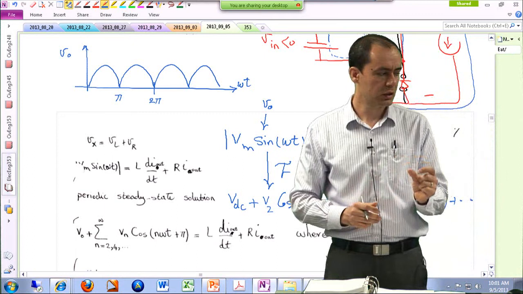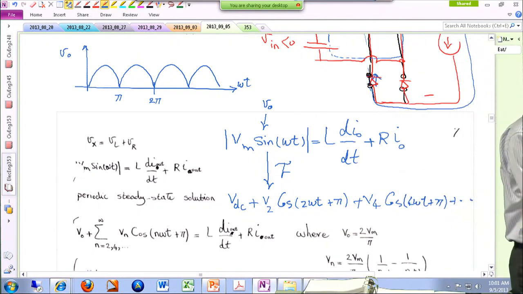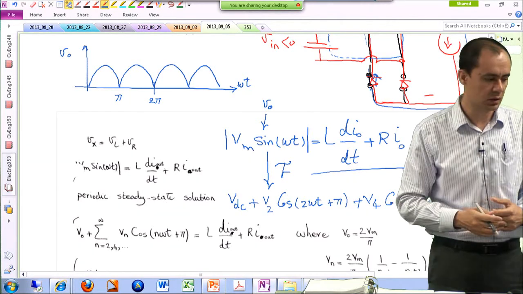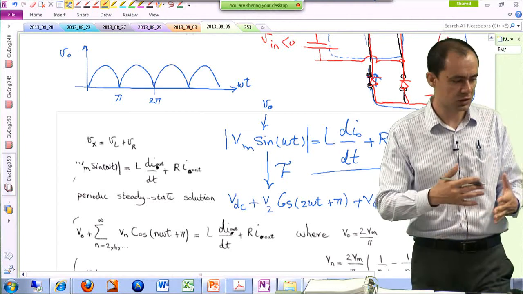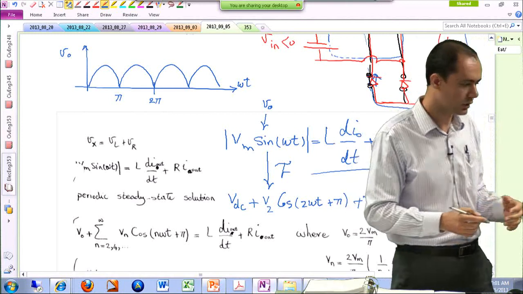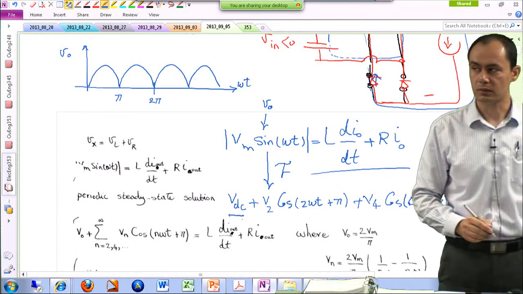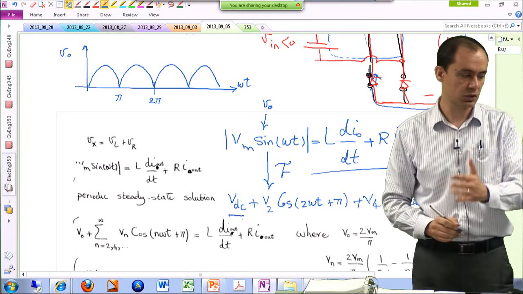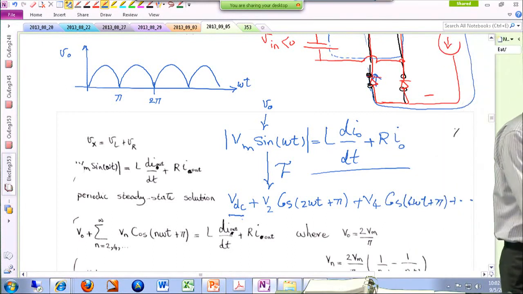And then for each component that appears in my output voltage, I solve this equation. So if I'm, for instance, considering 10 harmonics, I can break down my voltage to the first 10 harmonics that it includes, and then solve the equation and find the current. So I will first assume that my output voltage is just a DC term, then see how much current this DC voltage is going to create.